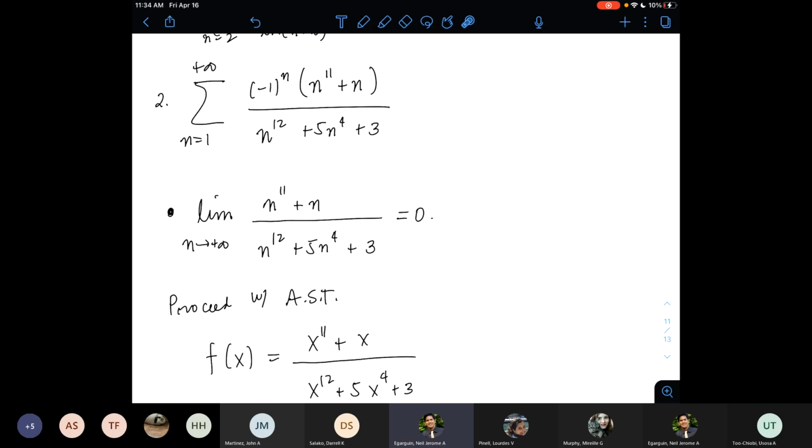All right. So that's the first part, but that is insufficient to conclude that the series is convergent, because this doesn't necessarily imply that the terms would be decreasing. They will eventually go to 0, but we don't know if they will really be decreasing, because what we are avoiding is that they might be going to 0, but they are not decreasing.